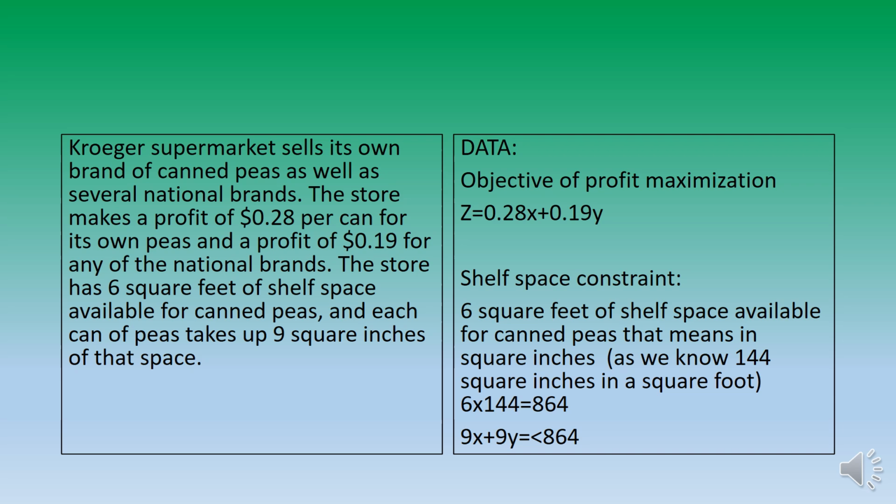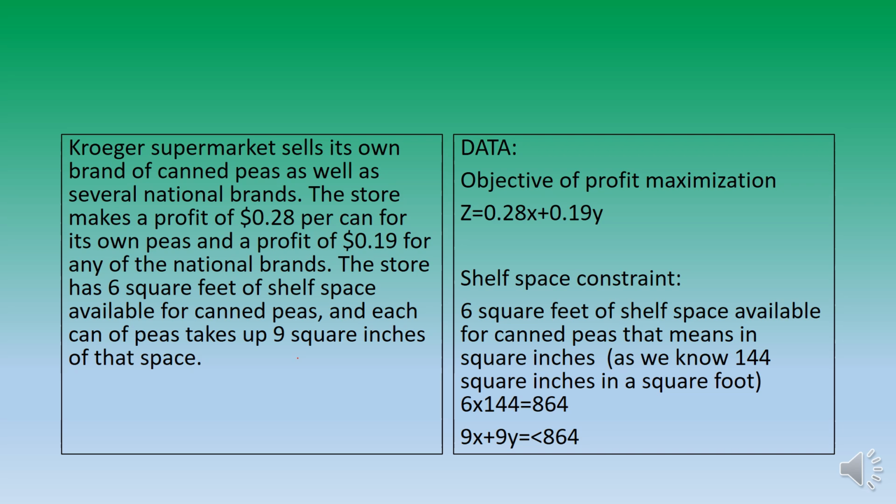The store has 6 square feet of shelf space available for canned peas. So this must be the constraint. The total space given to the shelf is for both peas, so Kroger has to manage within the space, and each can of peas takes up 9 square inches of that space.